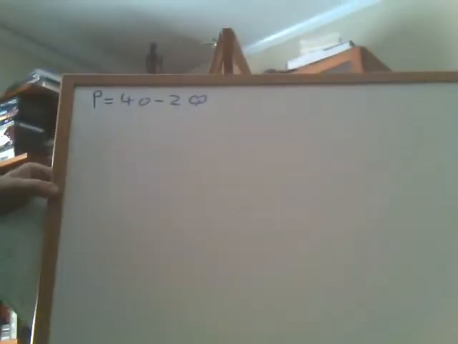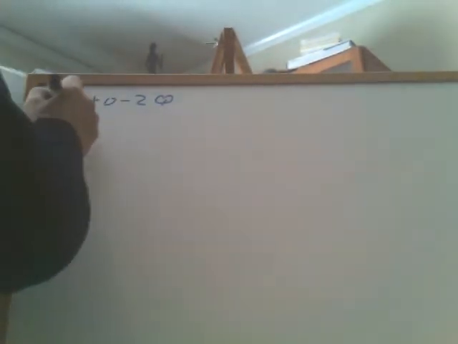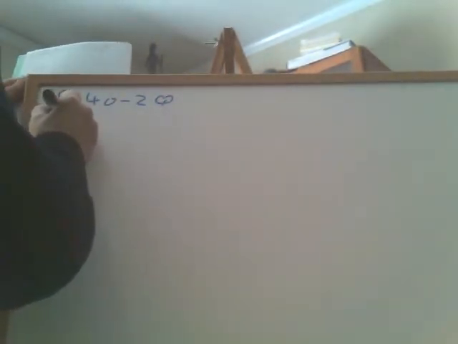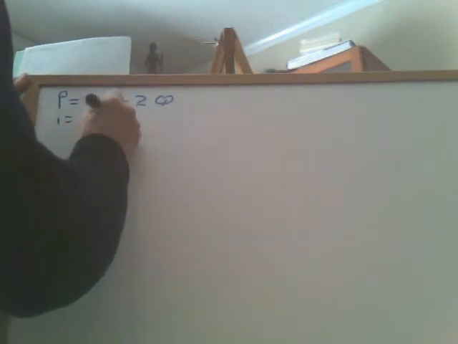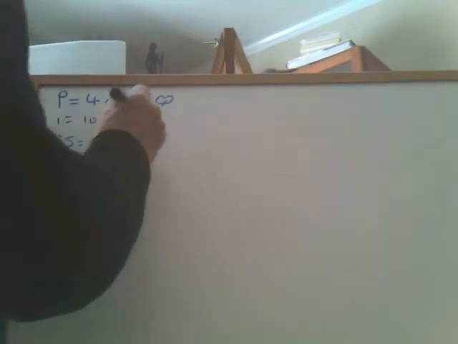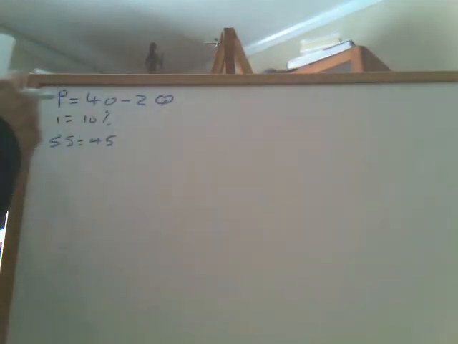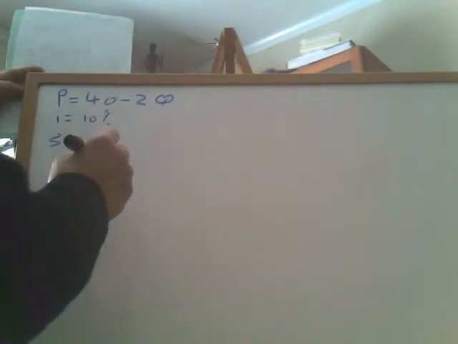Okay. And we said that the discount rate was going to be 10%, that the supply was 45, and if I'm not mistaken, the calculations allowed us to come to something similar to this.